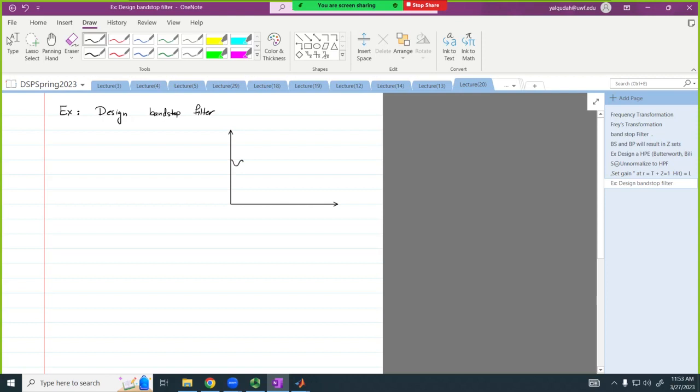So we want our filter. We have omega cutoff lower, omega stop lower, omega stop upper, and omega cutoff upper.